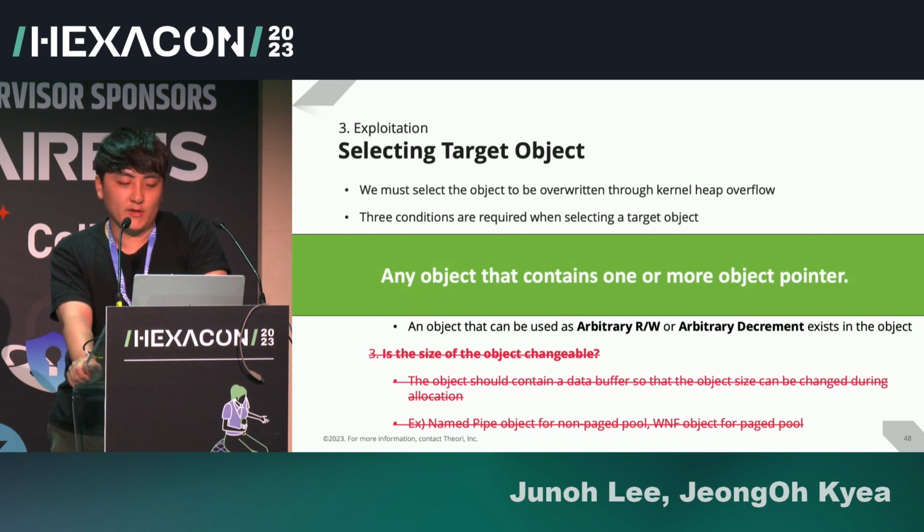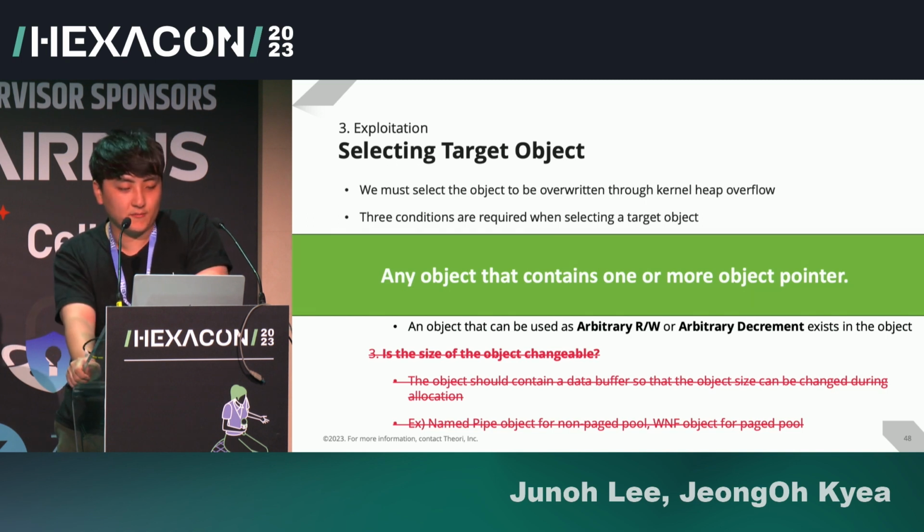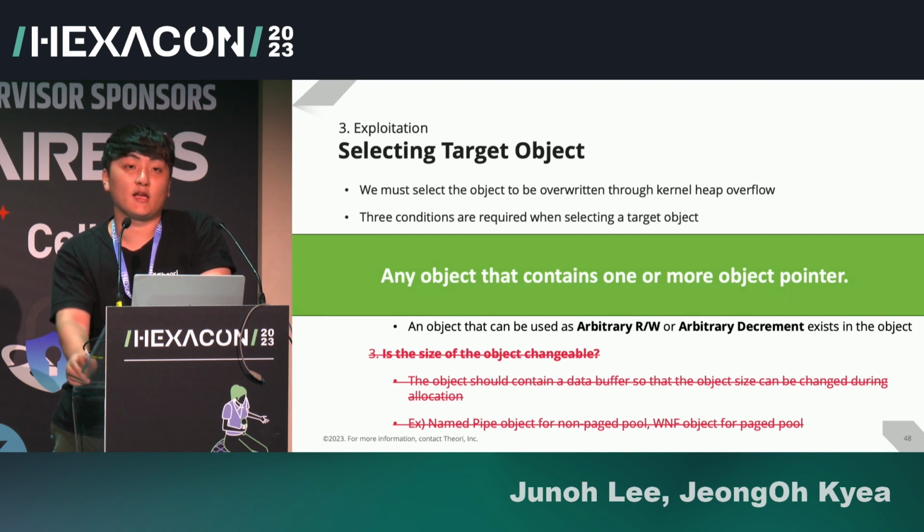Since an arbitrary decrement primitive is enough, we can select an arbitrary object that contains a pointer to another object within the object as the target object. This is because the Windows kernel manages the object reference count on its own, and if the address of the object is manipulated at the time of object release, the value of an arbitrary address can be decreased.